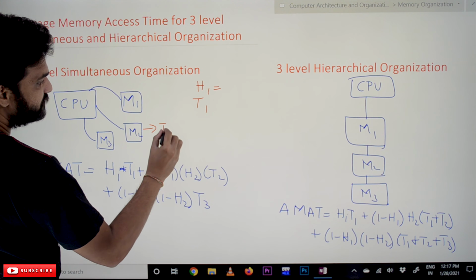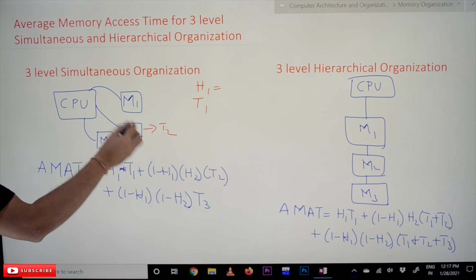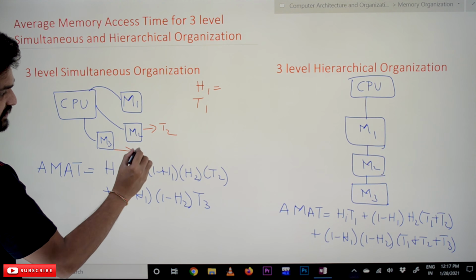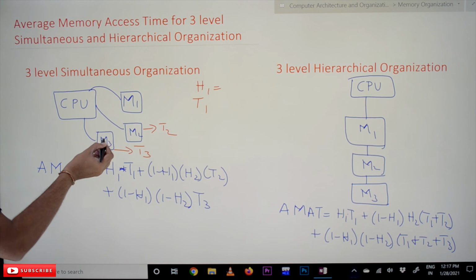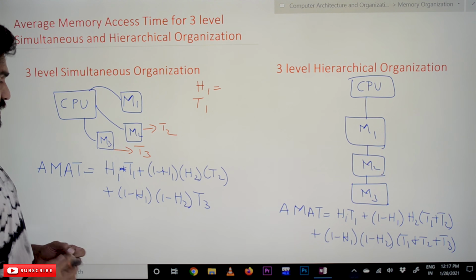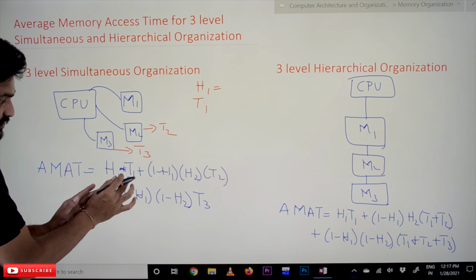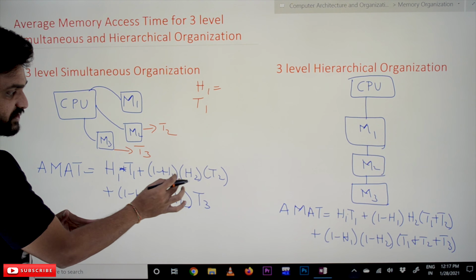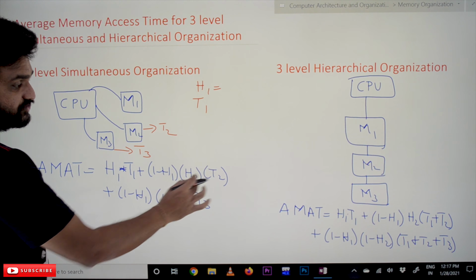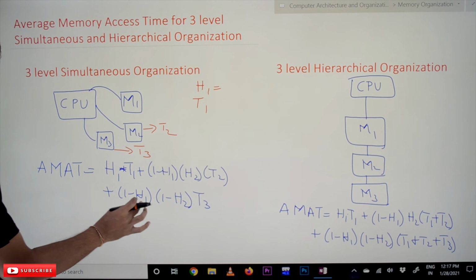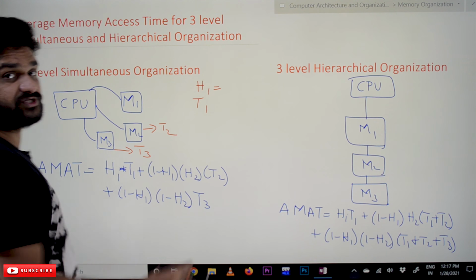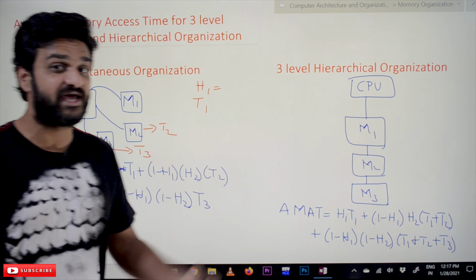T2 is the memory access time for M2, and similarly T3 is the memory access time for memory 3. So H1 into T1, plus (1 minus H1) into H2 into T2, plus (1 minus H1) into (1 minus H2) into T3 is the average memory access time.